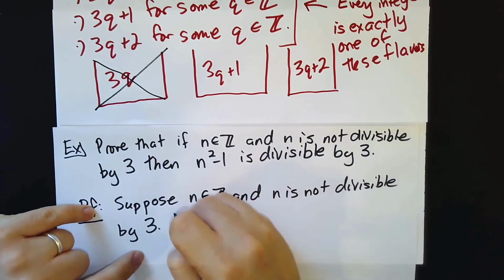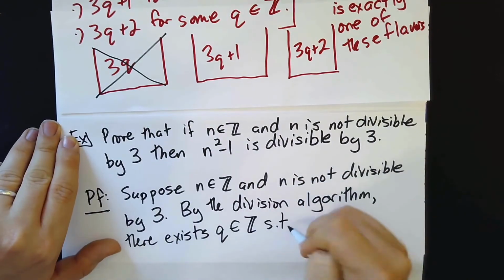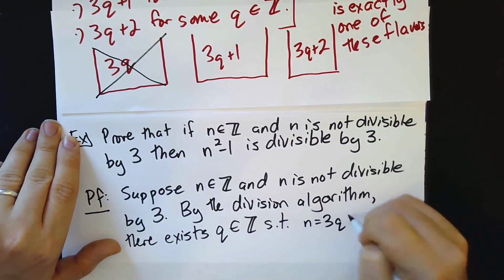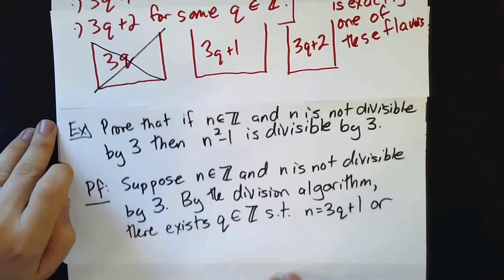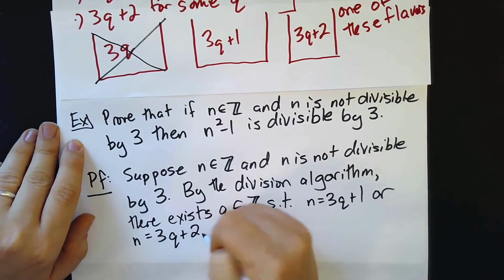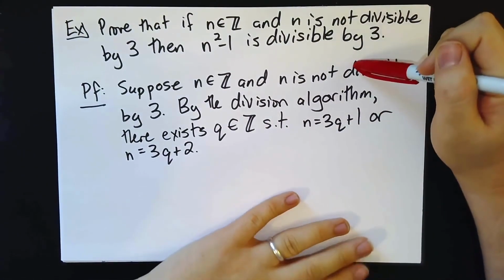And so we can follow up. By the division algorithm, there exists q such that n is 3q plus 1, or n is 3q plus 2. The reason why this is so useful is that instead of saying something that n isn't, it lets us turn this into something that n is.